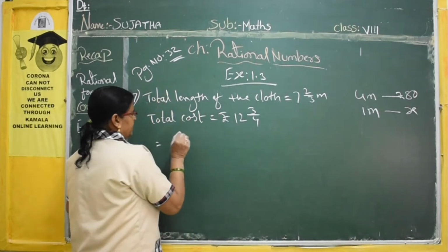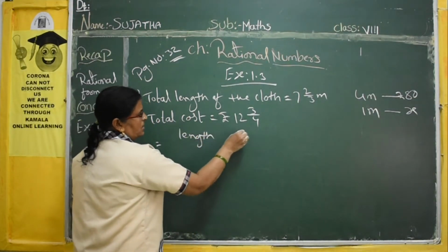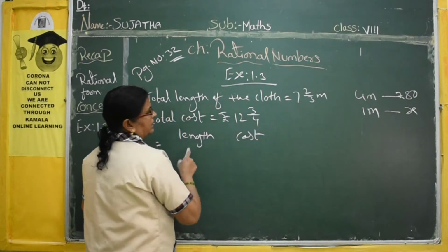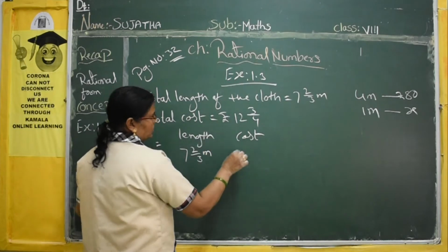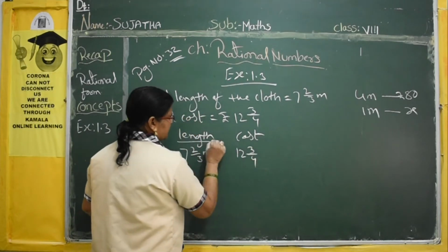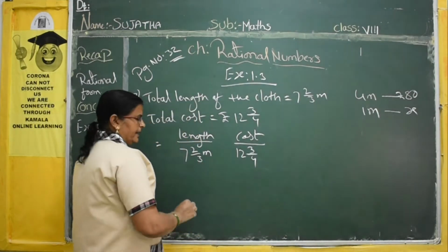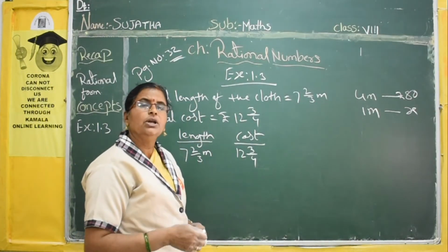See, here you have to take length, here you have to take cost. Now what is the length? Total length 7 2 by 3 meters. Then what is the total cost? 12 3 by 4. This is the length, this is the cost. This is a unitary method, what you learned in 7th class.